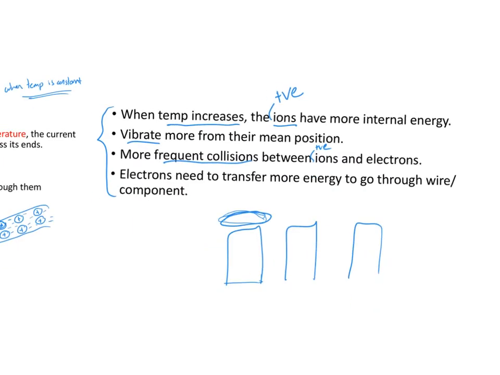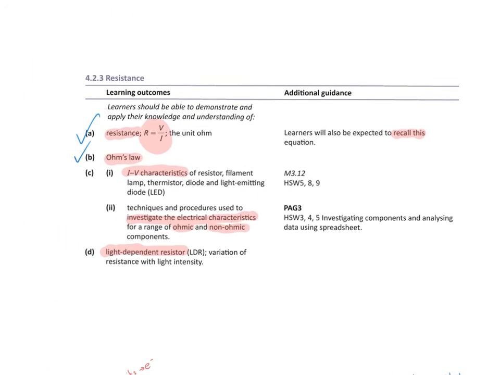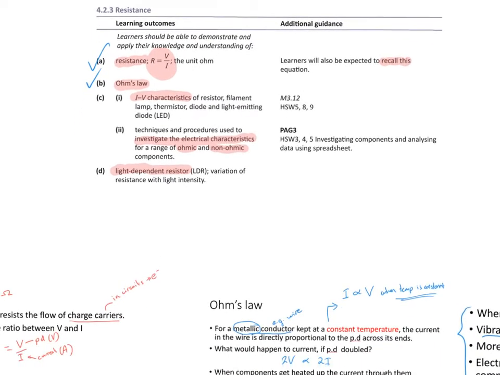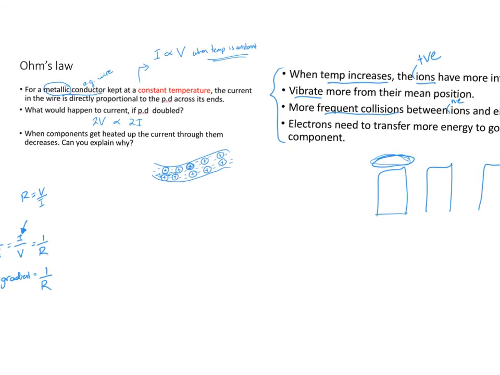So we spoke about Ohm's law, and we explained why the temperature being constant is very, very important. You could actually investigate this as well, so I'll describe quickly how we can investigate it. We can do something similar to what we spoke about at the beginning with investigating resistance.